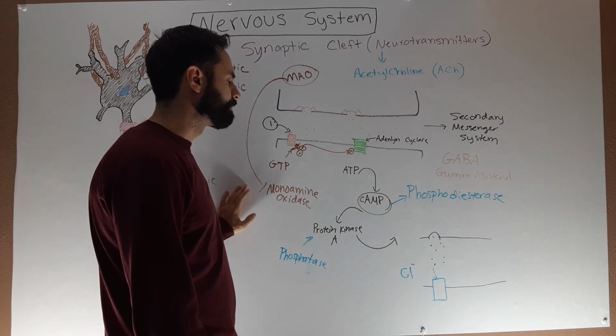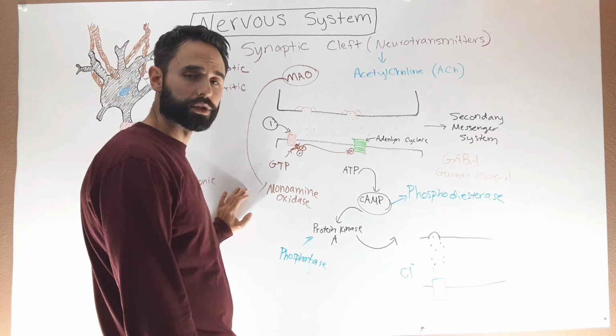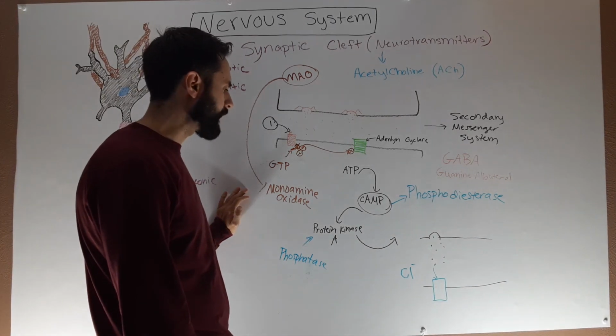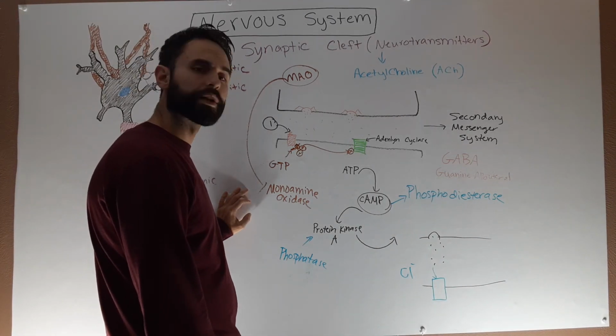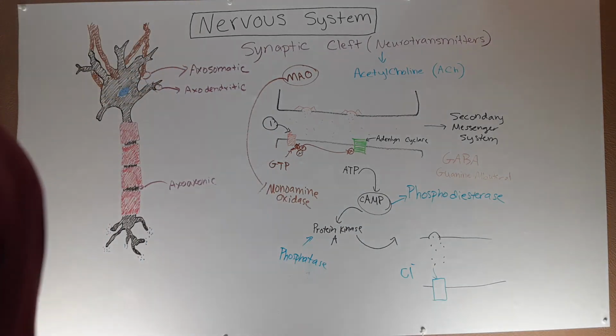So in the next video, we're going to start the central nervous system, and we're going to start looking at the brain, go over some anatomy, and see how the brain functions. All right, with that, I think that's it. I think I'm going to close.